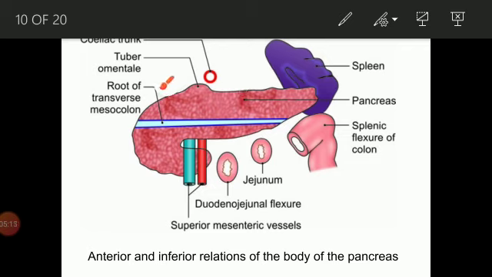This tuber omentale is in close relation with the celiac trunk, and to the right it is related to the hepatic artery, and to the left it is related to the splenic artery. The inferior border is related to the superior mesenteric vessels.